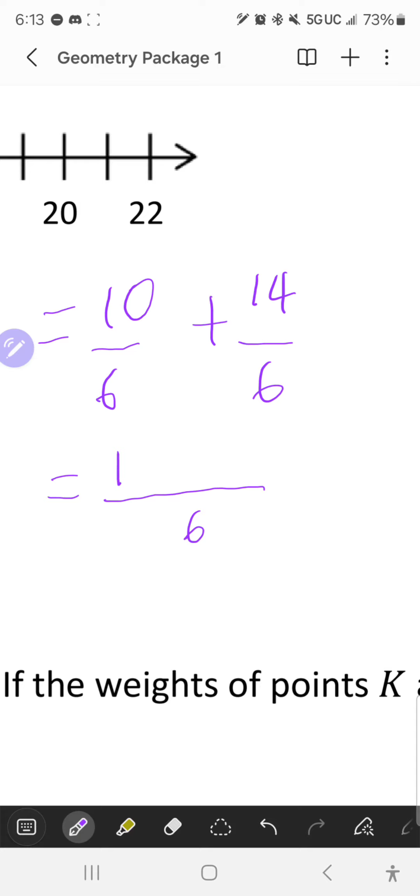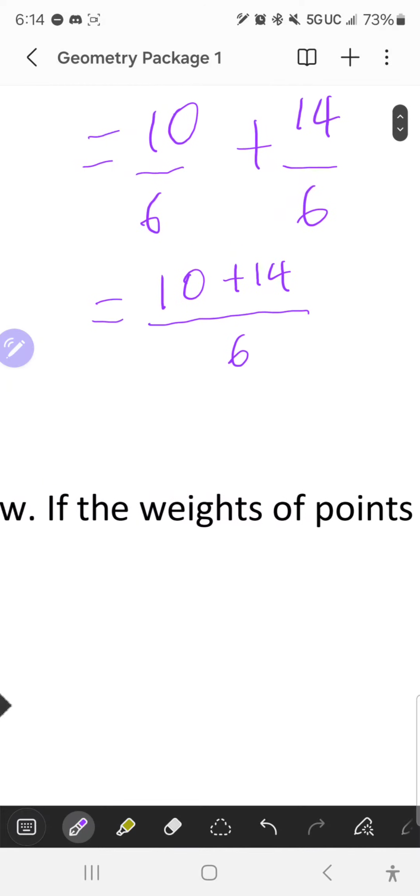Since this is already done here, we don't need to do any extra calculations and just perform the proper calculations for the numerators, which is going to be 10 plus 14. But if the denominators were different, we would need to do another step to make them equal.